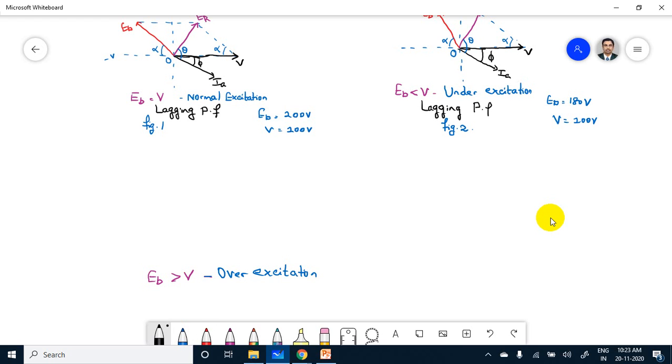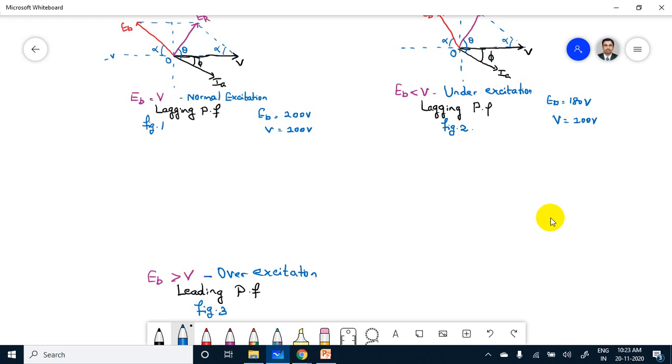So during this time in over excitation, which is leading power factor. So mark down, this is figure 3.